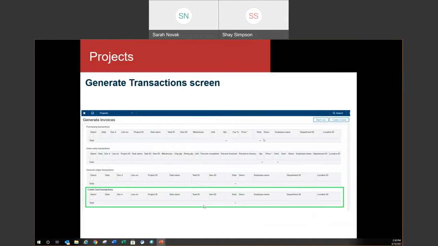So now when we go into the generate invoice screen, we are going to see down here at the bottom if we have any credit card transactions that are going to be applied for that particular project.